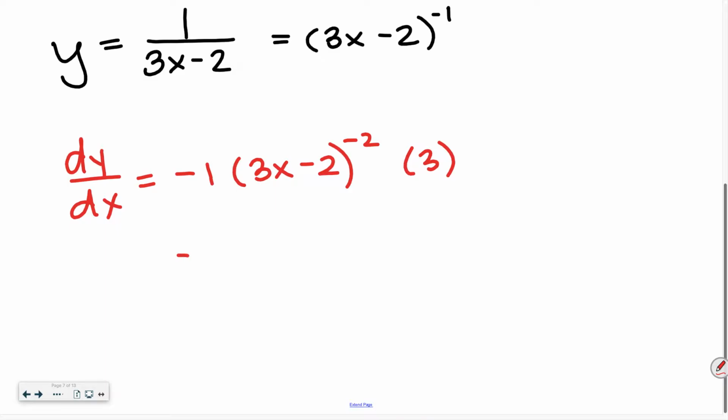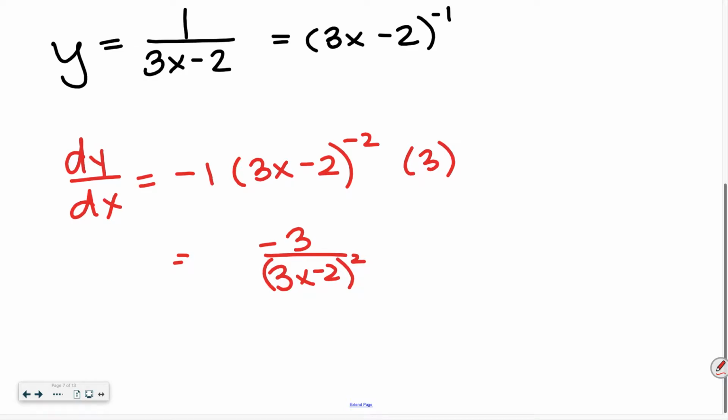So what we have is negative 3 over 3x minus 2 the quantity squared, which is exactly what you would get if you were to use the quotient rule, but it would take you a lot longer to get there. There's nothing wrong with using the quotient rule, but now you also have the option of using chain rule.